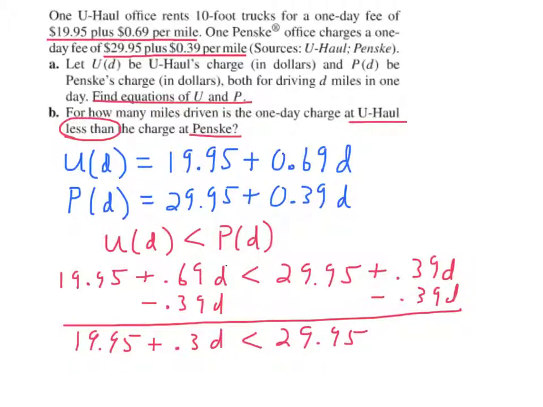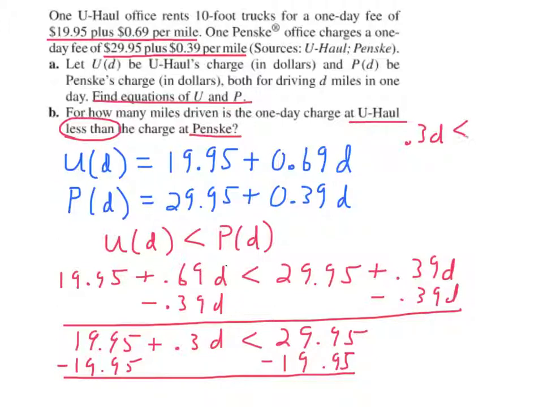And we need our numbers on the right side, so I'll subtract 19.95 from both sides. And I'm running out of room here, so I'll continue up above here a little bit. So that would give me 0.3D is less than 10. And then we'll divide both sides by 0.3.